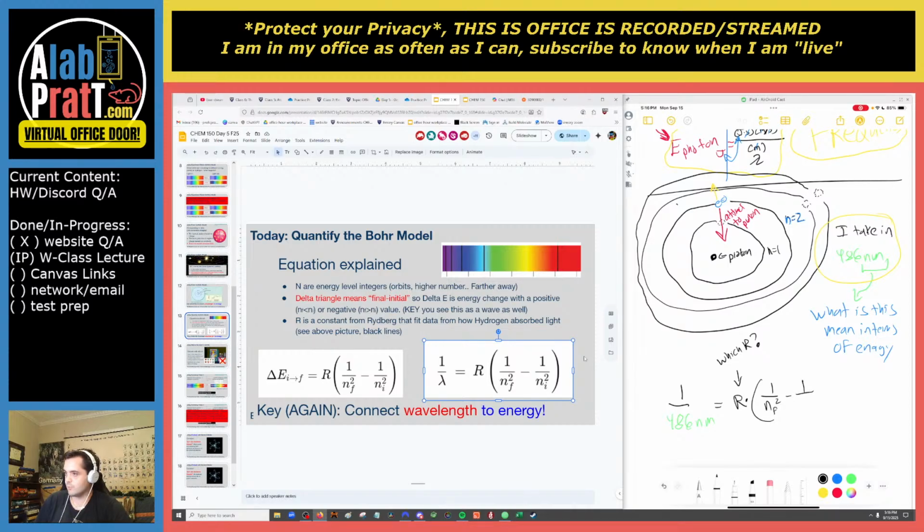Our initial state is we're in 2 squared.